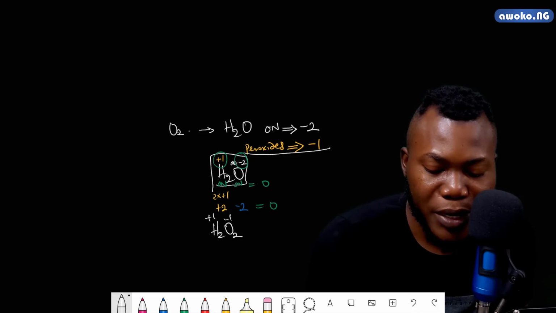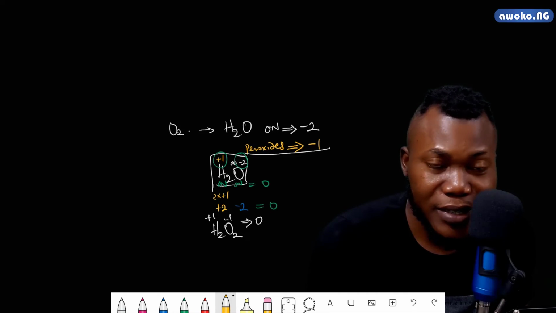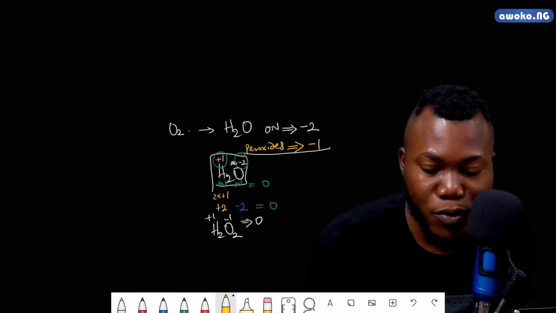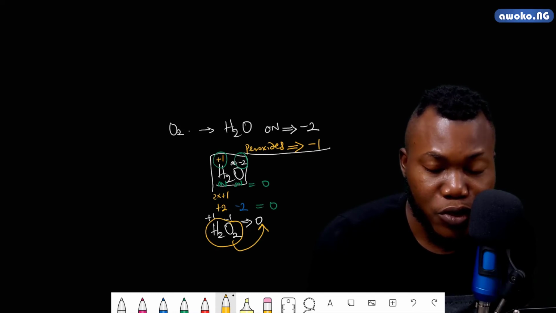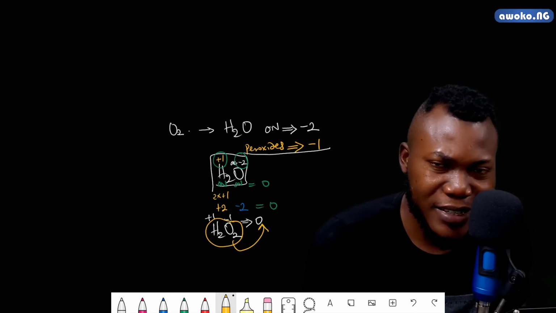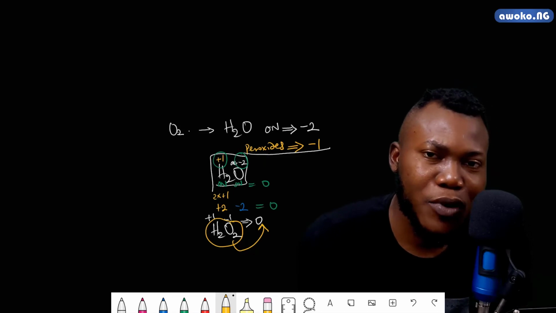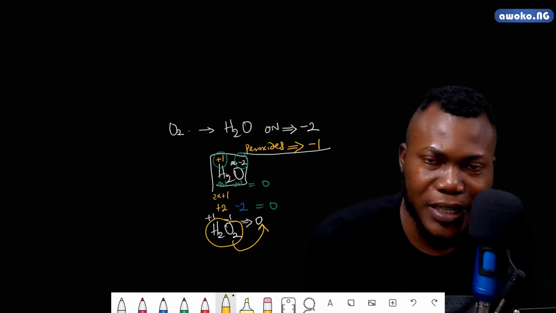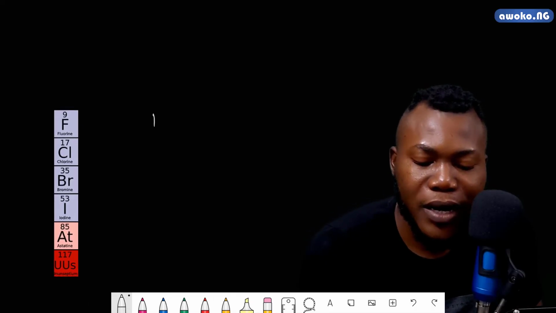So +1 - 1 will give us a net of 0, because in a compound, the sum of the individual oxidation numbers of the elements that make up that compound must be equal to 0. So it's true for hydrogen +1 and for oxygen -1. You see how all of these rules make sense in the end. So you don't need to cram all of these rules, rather you just need to understand them as we go on.